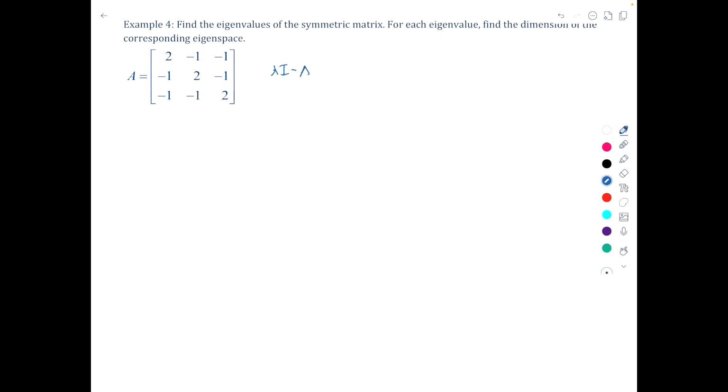Lambda I minus A is going to be lambda minus 2, 1, 1, 1, lambda minus 2, 1, and then 1, 1, lambda minus 2. And then finding eigenvalues, we need to find the determinant and set it equal to 0.